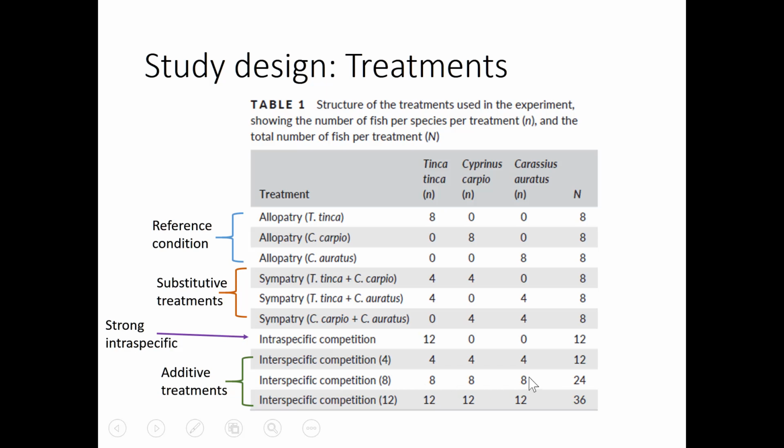Again, it's all 3 species, but it's doubled from before. And here we've got interspecific competition. In the strongest case, they are really stocking a lot of individuals in there. And so we've got a total of 36 individuals. So these are additive treatments in that they're adding more individuals. These are substitutive treatments in that they're sort of replacing some individuals with individuals of another species.